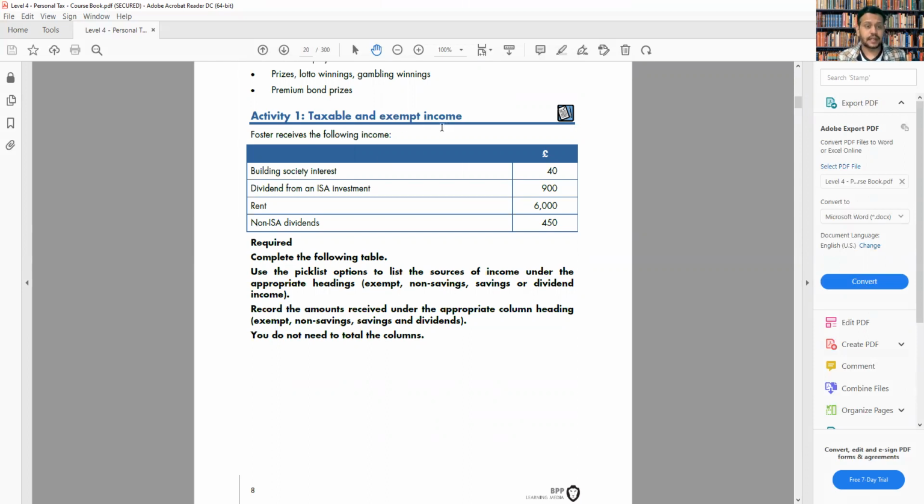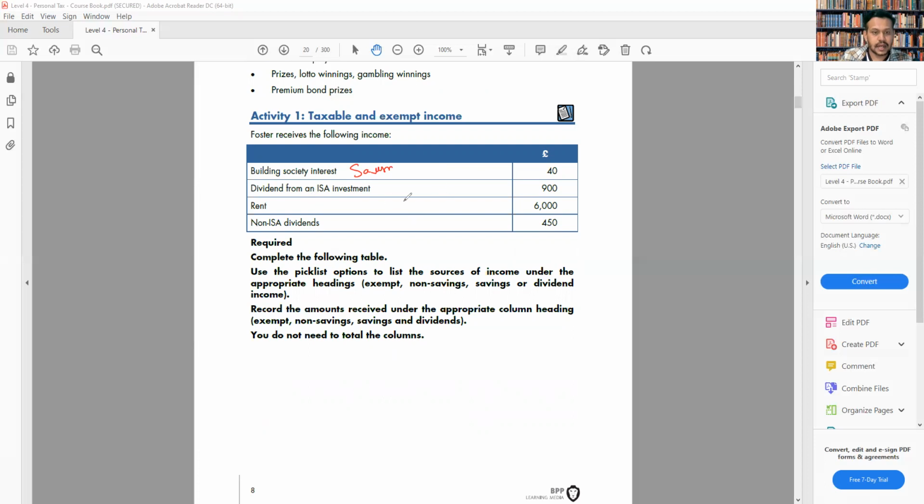Taxable and exempt income. Foster received the following income. So Foster is a person, and he received the following income. Building society interest, so it's very clear, it is savings income. We need to identify the category, which one is savings and which one is non-savings. Then we have dividend from the ISA investment, 900.